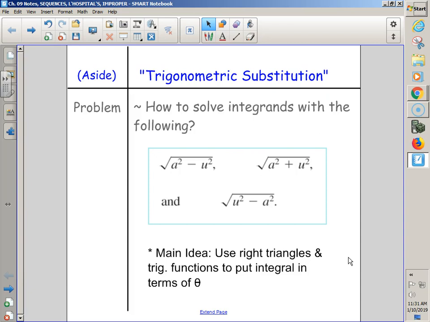Trig sub. What is weird about these expressions if you see them in an integral? Two different levels. We know a's and u's, don't we? Aren't u's variables and a's constants? Like with inverse trig?